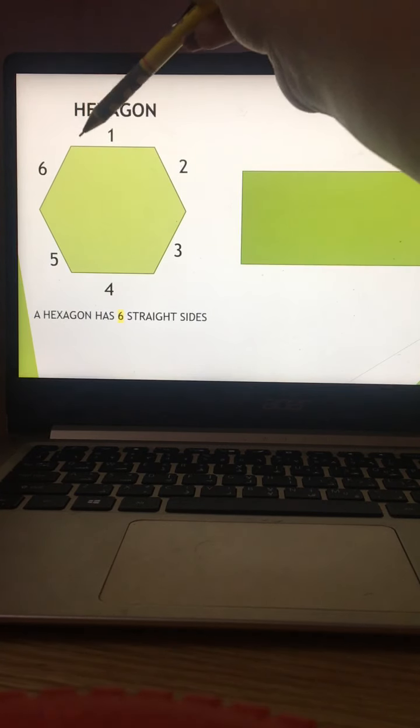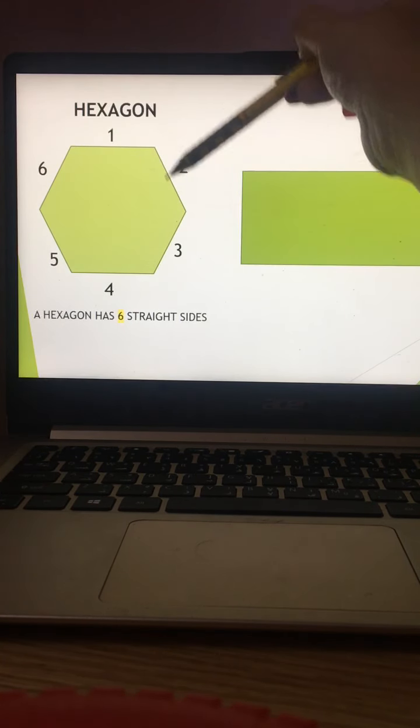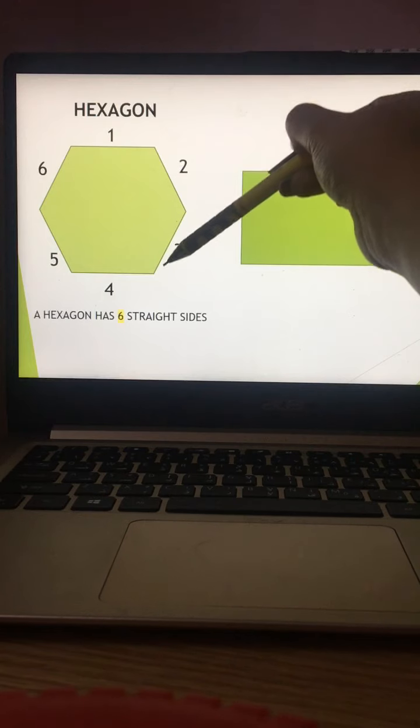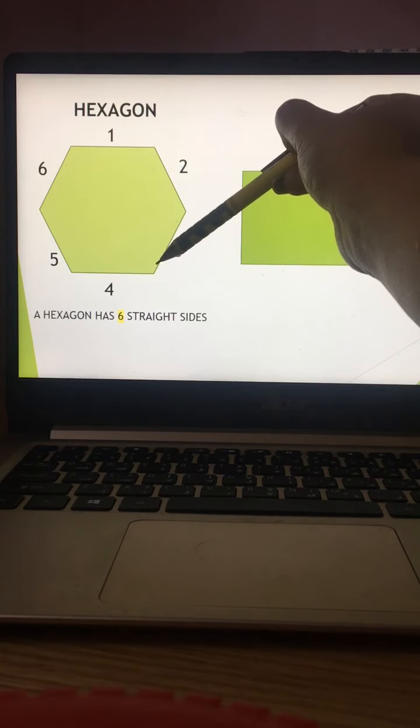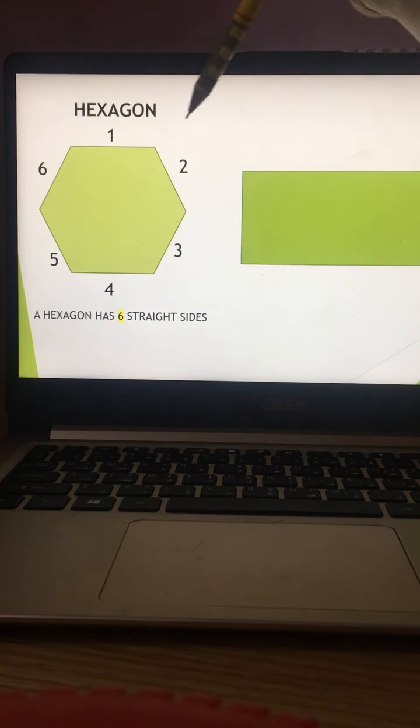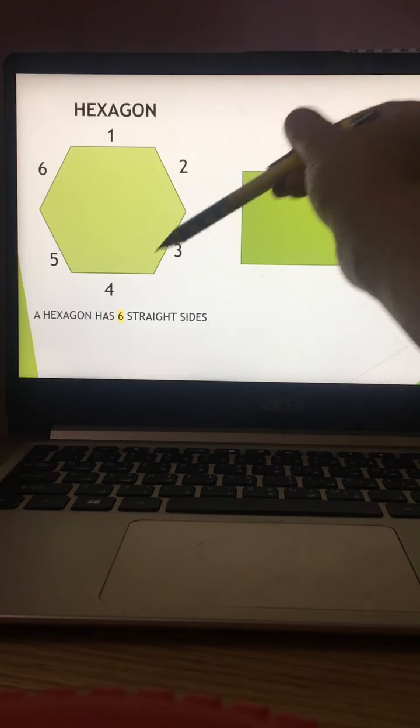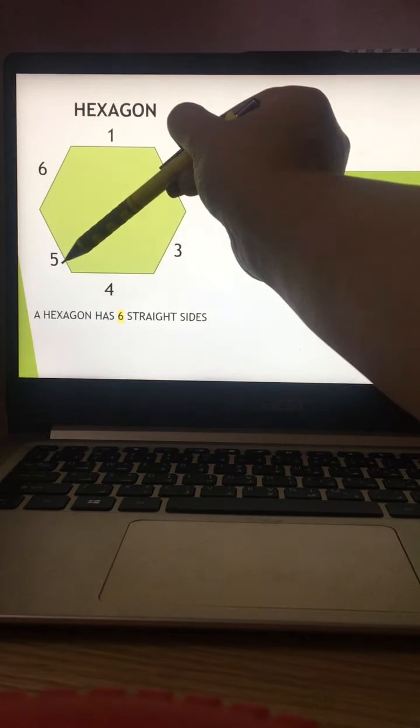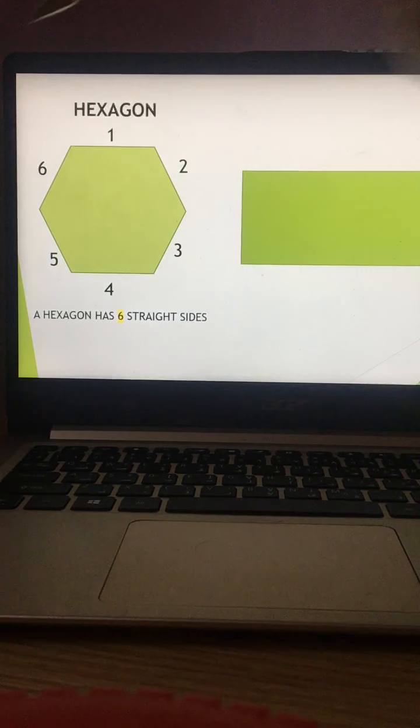This is a straight line, not a curved one. So a hexagon has 6 straight sides.